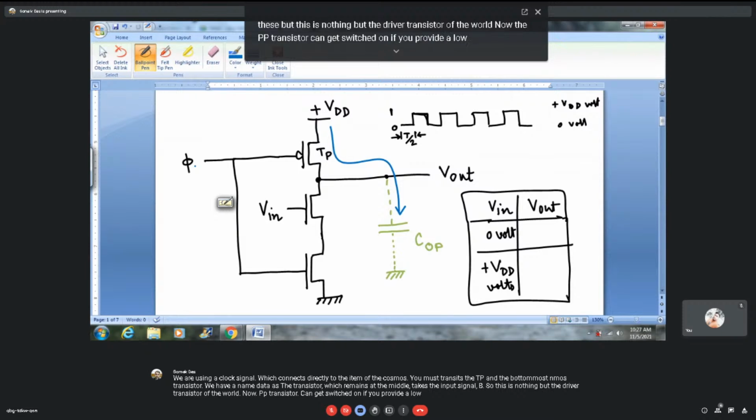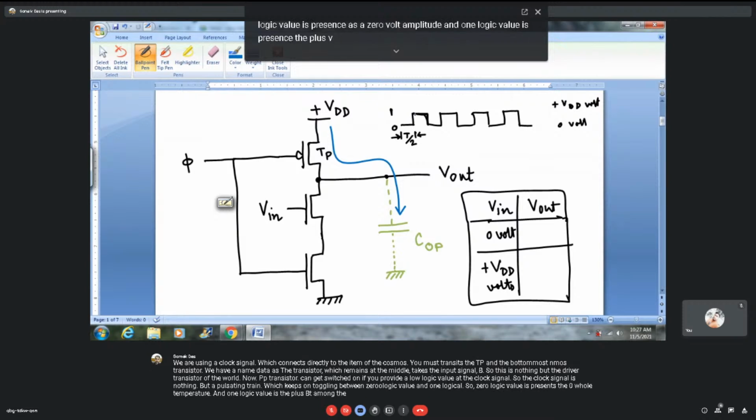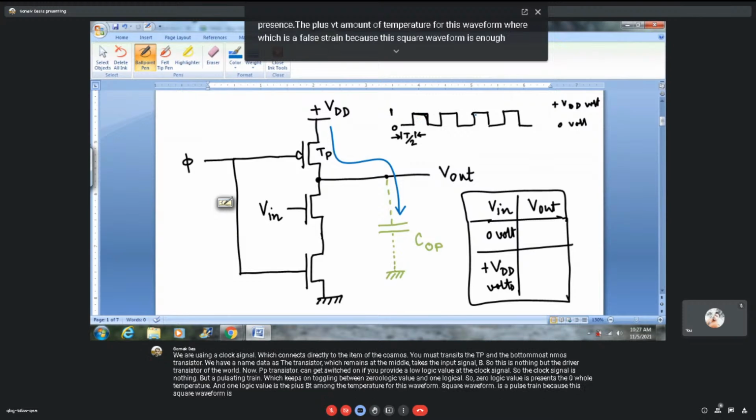The clock signal is a pulsating trend which keeps toggling between 0 logic value and 1 logic value. So 0 logic value represents a 0 volt amplitude and 1 logic value represents the plus VDD amplitude for this square waveform, which is a pulse train because it is continuous. This is the property of the clock signal.